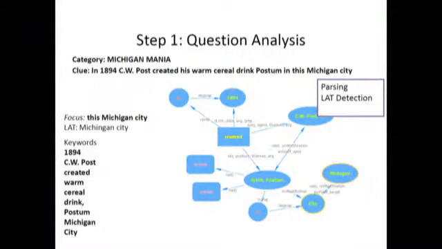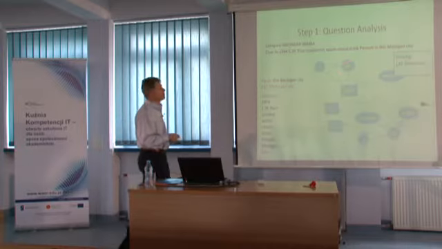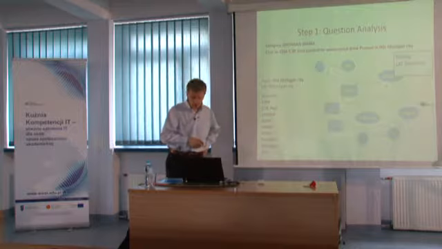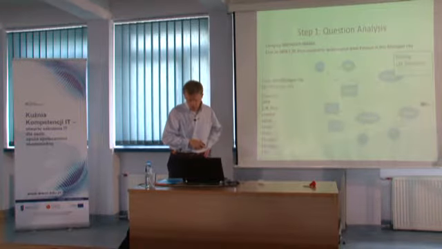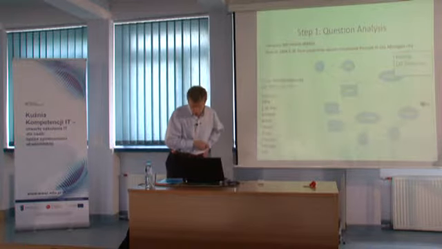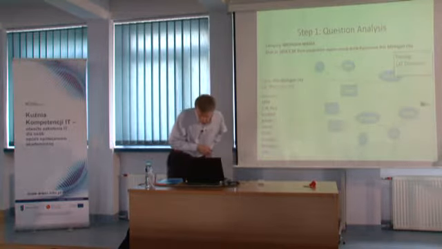Again, to describe how we're getting the lexical answer type, we have a parse which essentially establishes the relations between different entities in this clue. In the middle here we have the drink Postum, and then the drink is related to CW Post through the relationship noun modification.